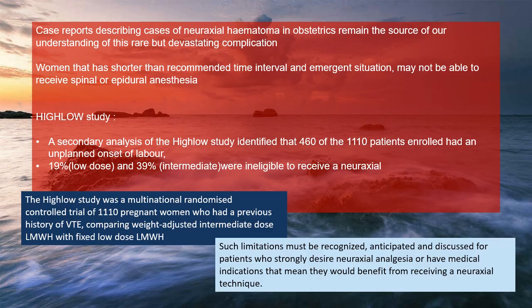So quite a high number of them weren't able to receive neuraxial analgesia or anesthesia. About 31% of these patients probably could not receive any epidural or spinal anesthesia. Such limitations must be recognized and anticipated, and we have to discuss with the patient that if the time elapsed is insufficient, they may have to undergo cesarean section with general anesthesia.